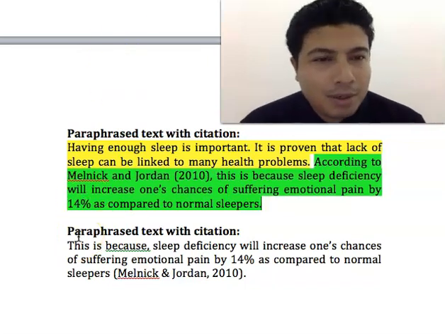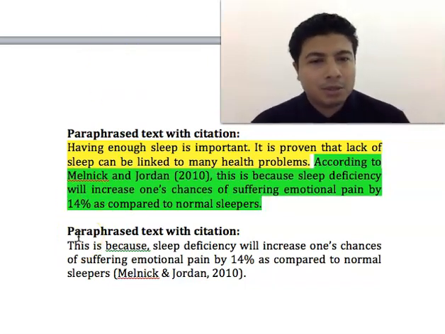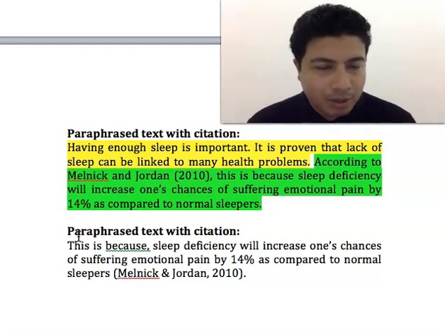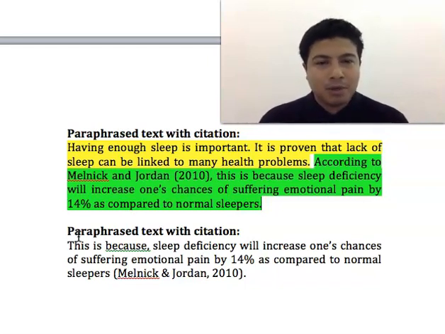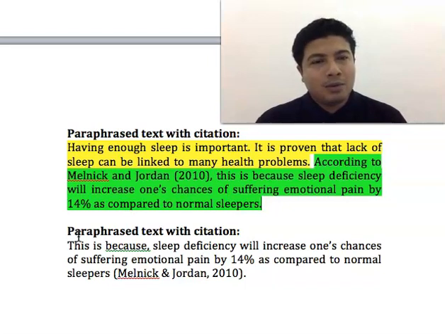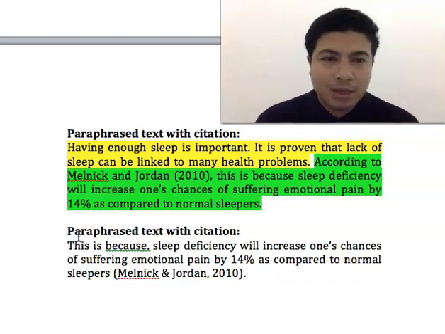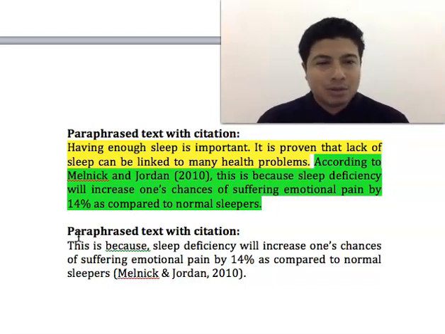So now my point is stronger because I have a support. And how do I support my point? I look for sources from the internet or a book or any other articles, journal articles, and I cite the source to support what I say here.